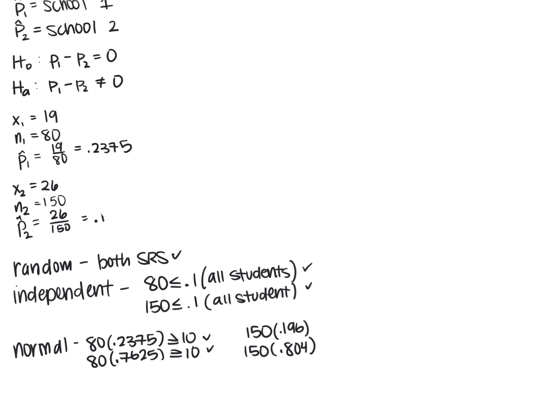It's not 0.196. It's 0.1733. So 0.1733 and then 0.8267. Both have to be greater than or equal to 10, which they are. So all of my conditions are met, which means I can now go ahead and calculate my test statistic.